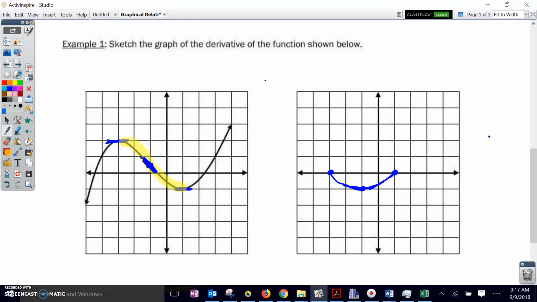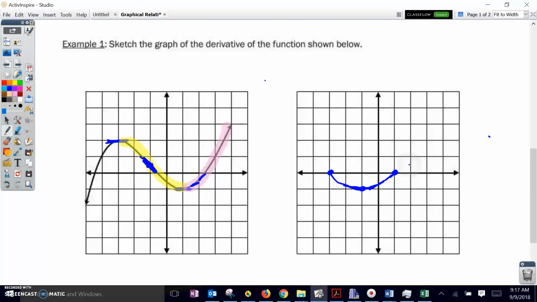Now I'm going to go outside of here, and as we move to the right of that 0, we see that the value of the derivative, or the value of the slope, is increasing. Right about here, the slope appears to be about 1/2. And right about here, it appears to be about 1.